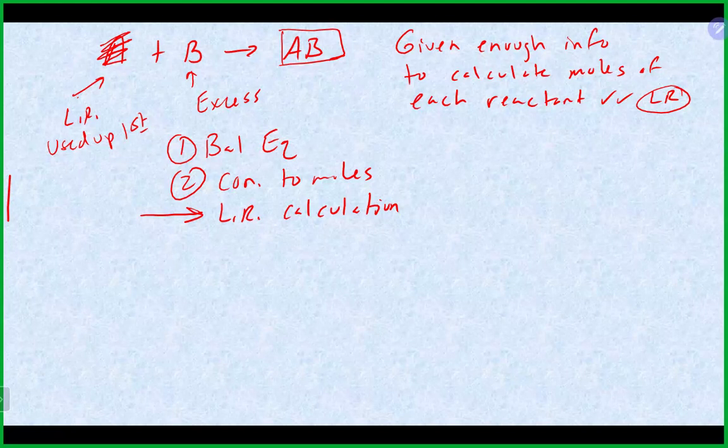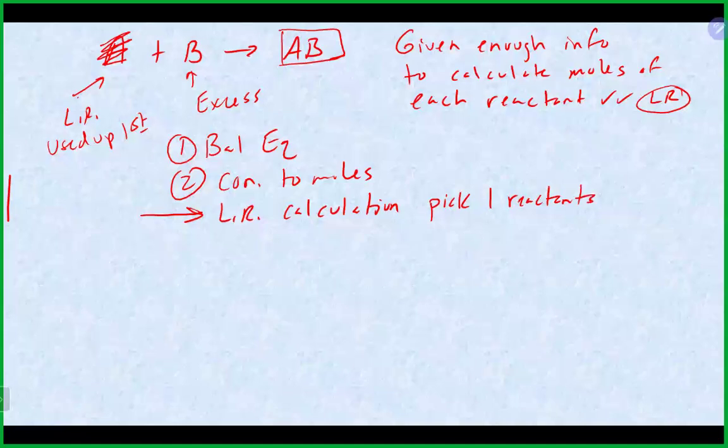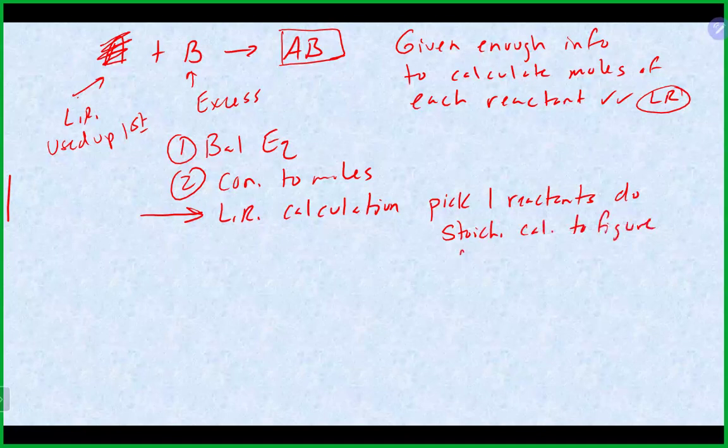So in this method, the process is basically you pick one of the reactants and do a stoichiometry problem to figure out how much of the other reactant is needed.